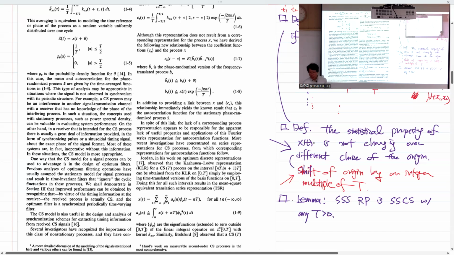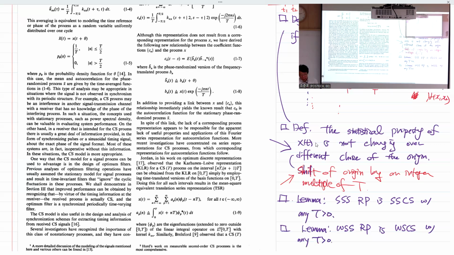Similarly, a wide sense stationary random process is wide sense cyclostationary with any positive T. Got it? So very, very good point.